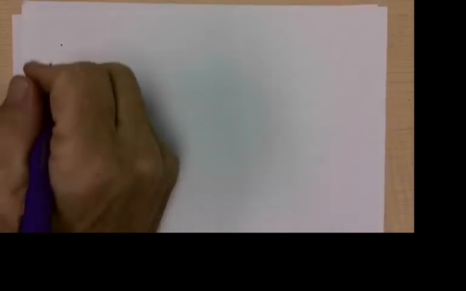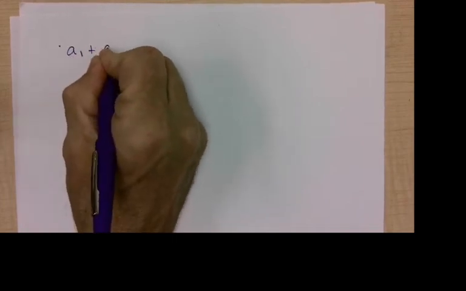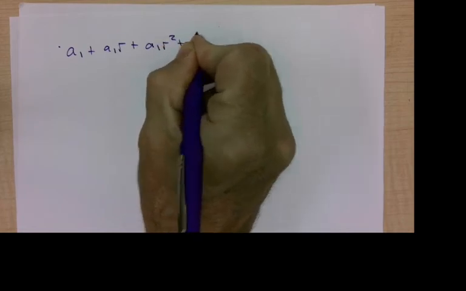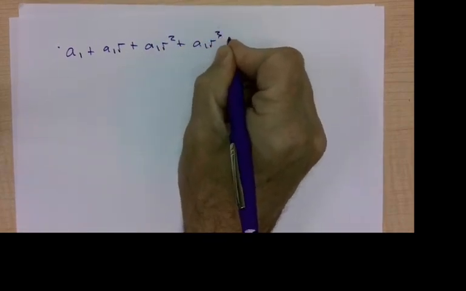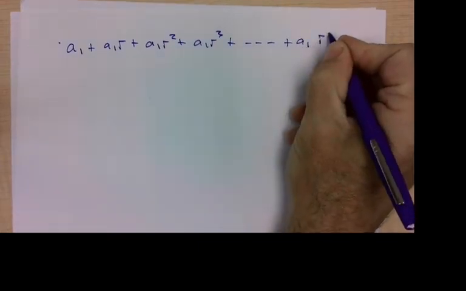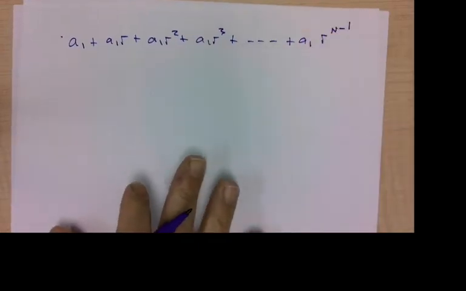A generic geometric series would be a1 plus a1r plus a1r squared plus a1r cubed, if I go to the nth term, plus a1r to the n minus 1.